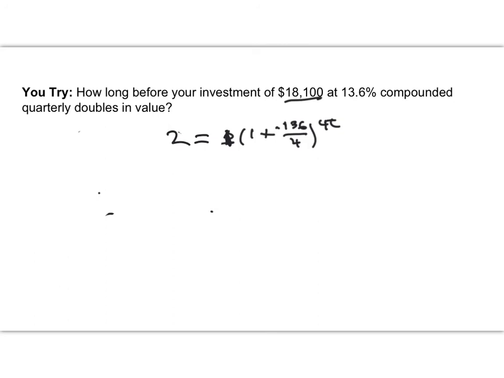Okay, so 2 is going to equal 0.136 divided by 4, which is 0.034, to the 4t. And then I'm going to take the log of both sides.